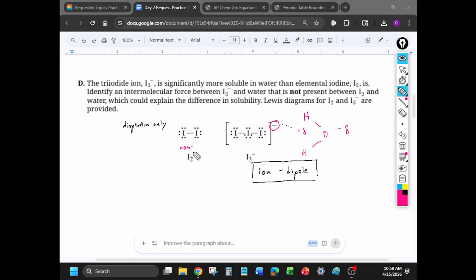There is no side that has a stronger electronegative charge because they're the same thing. Whereas this one, it has a built-in negative charge, so it's an ion. That is why. So I2 would actually not dissolve very well in water, because nonpolar does not dissolve well in polar molecules like water. Same reason why oil doesn't really dissolve in water, because oil is nonpolar.